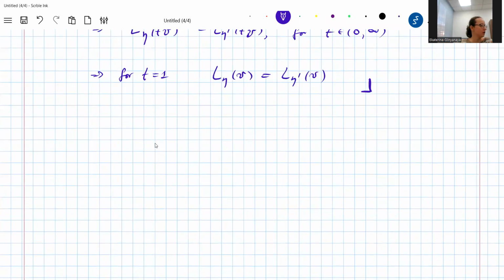So we can apply this. If we know that for two processes their factorial moments measures are equal, then this means that this is the same process, because in many cases we construct point processes in different ways, but we need to understand that we have the same processes. So this can help us.